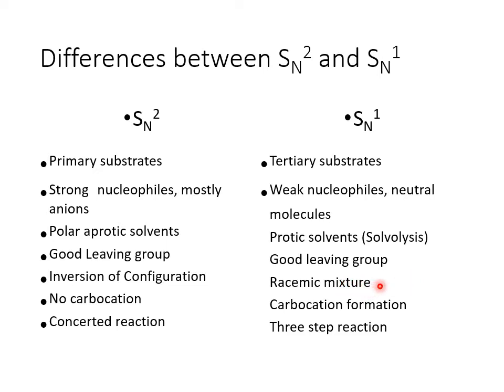Because the carbocation forms, and then the nucleophile can attack from either side of the carbocation. Again, SN2 reactions don't form carbocations, versus SN1, which do, which causes this to happen, the racemic mixture. And this is a concerted reaction, meaning it happens all at once, right? And the SN1 reaction is a 3-step reaction, so it happens stepwise.